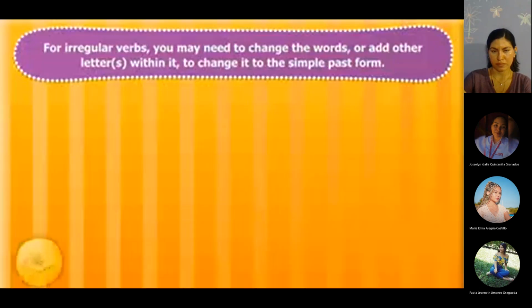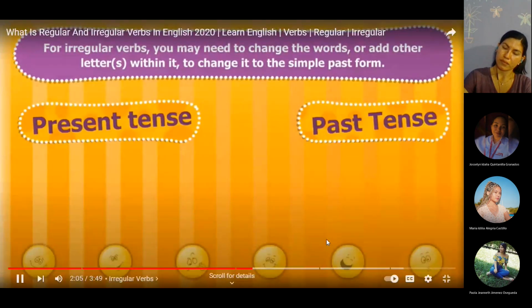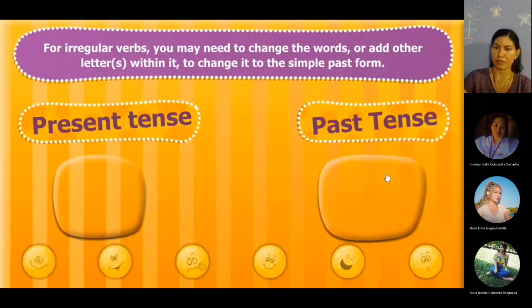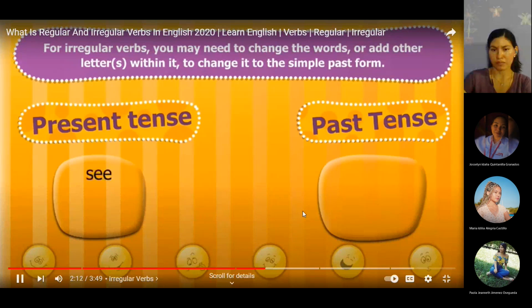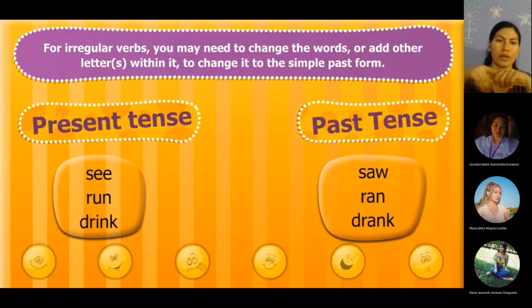For irregular verbs, you may need to change the words or add other letters within it to change it to the simple past form. Let's look at some examples of how irregular verbs change from simple present to simple past. See becomes saw, run becomes ran, and drink becomes drunk.